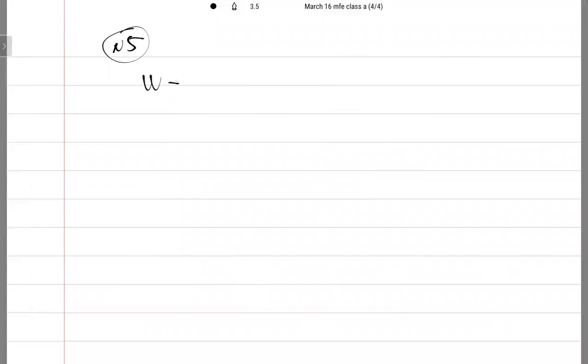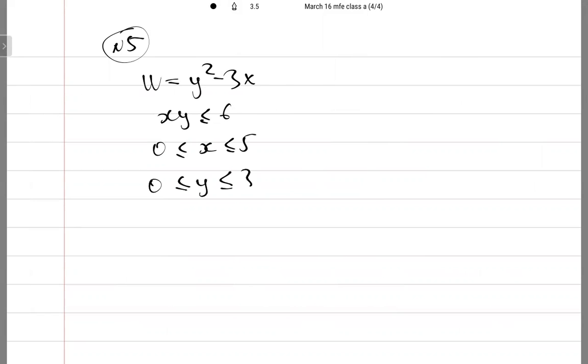We have the function y squared minus 3x, with the constraints xy less than 6, 0 less than x less than 5, and 0 less than y less than 3. Question A: just find the maximum and minimum.